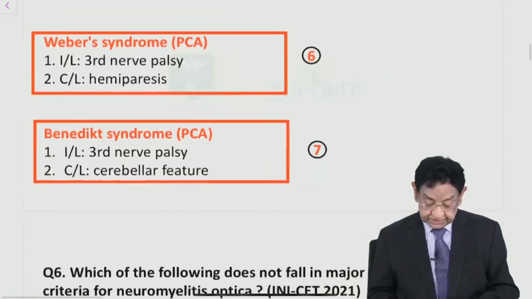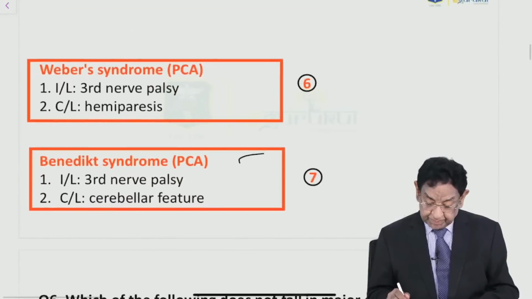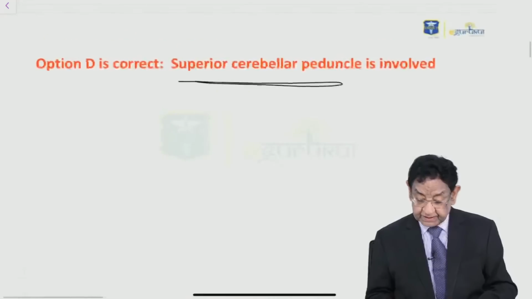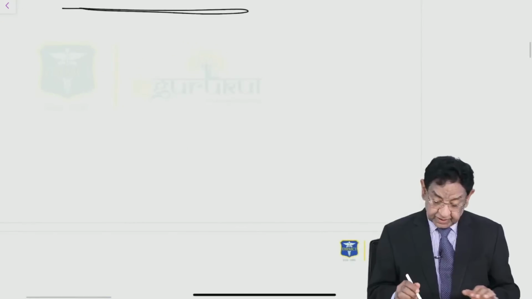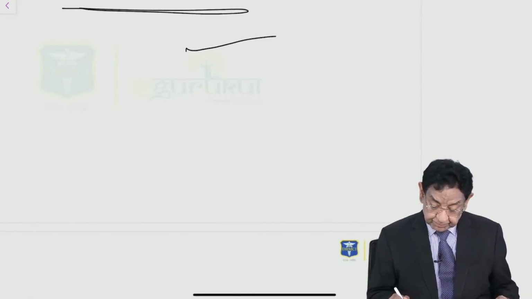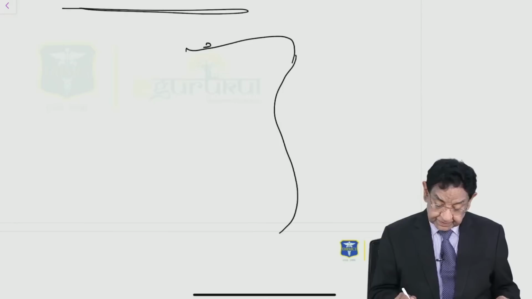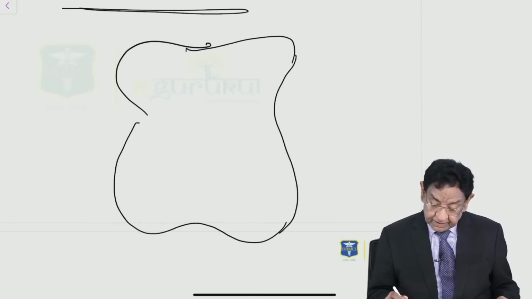So friends, now let me tell you about Benedict syndrome. Let me tell you more about midbrain lesion. So again we go back to the midbrain. In the midbrain we have a red nucleus. This is a third nerve.